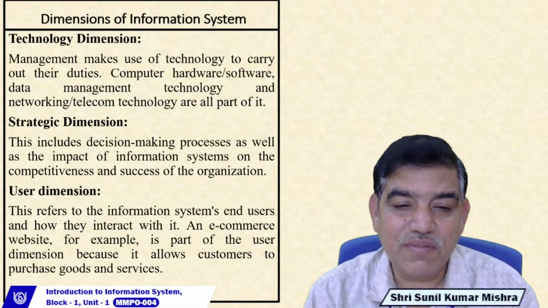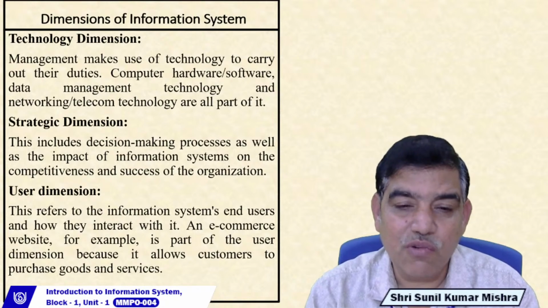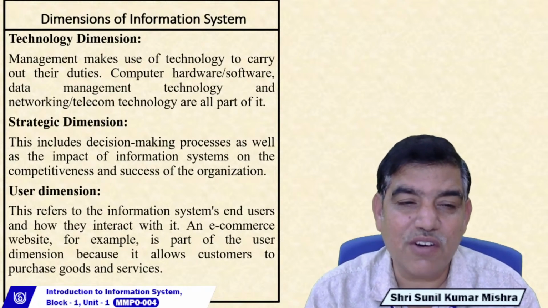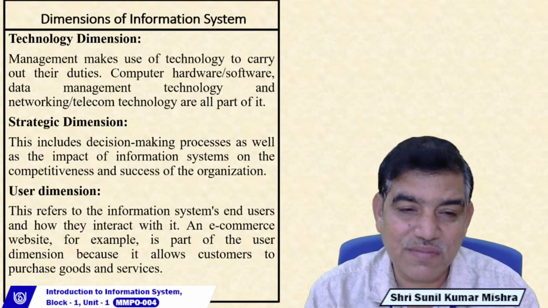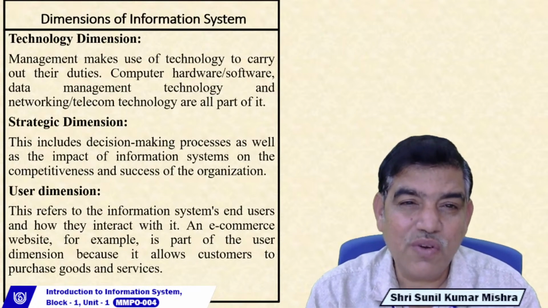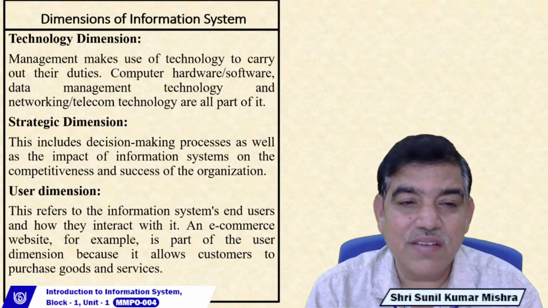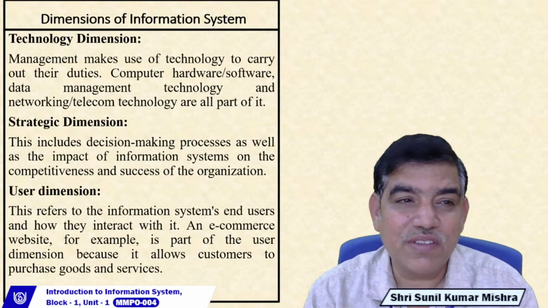For example, in the earlier days, we worked in an organization with a traditional file processing system. Means every document we keep in our files, in our records. So it is a manual process.